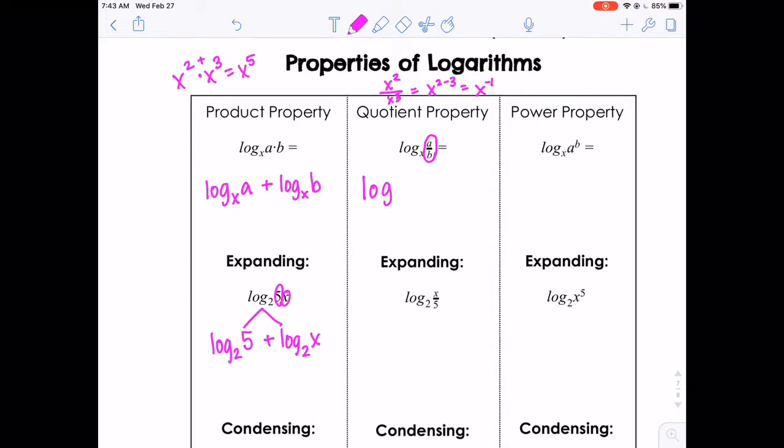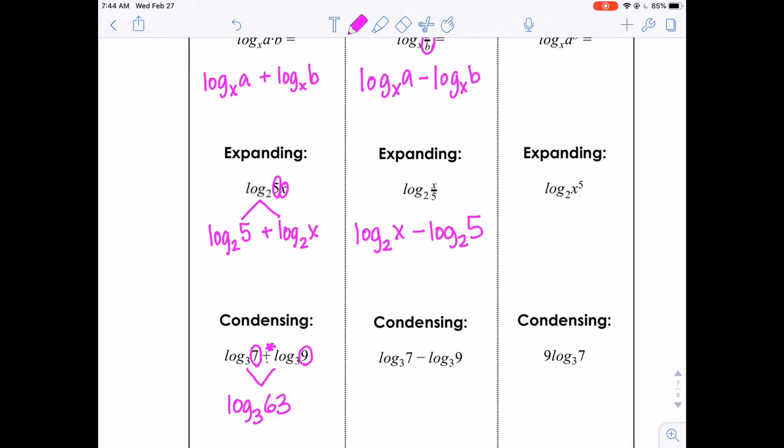So this would be log base x of a minus log base x of b. And what that means is we can expand something like this. I see division, so it would be log base 2 of x minus, because it's division, log base 2 of 5.